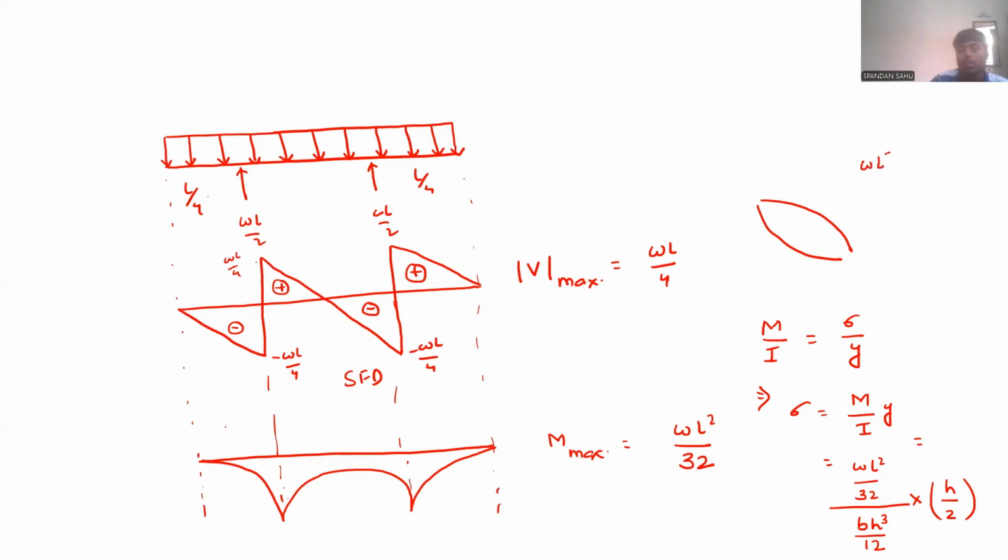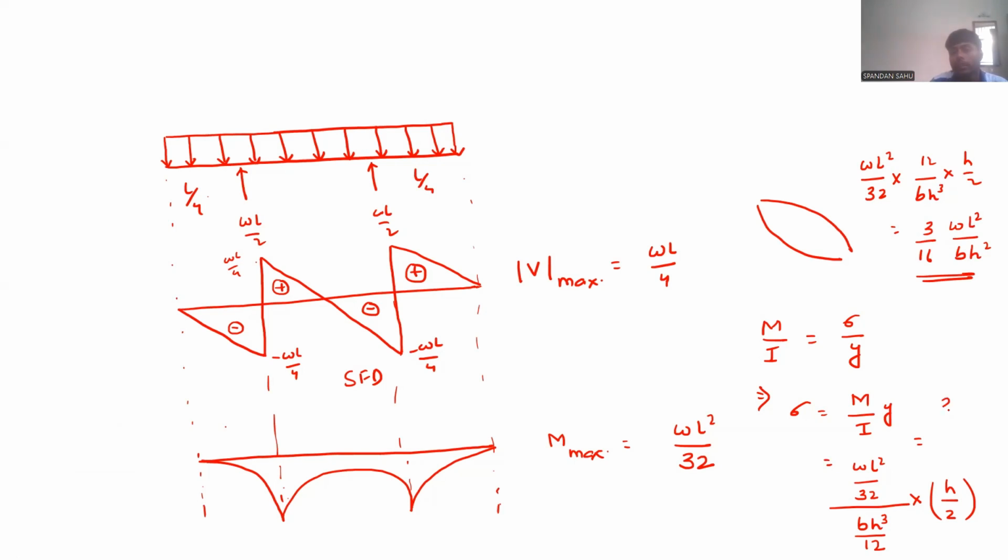So it will be WL square by 32 into 1 upon BH cube by 12 into H by 2. So it will be 12 by 64, so 6 by 32 or 3 by 16, W L square upon BH square.